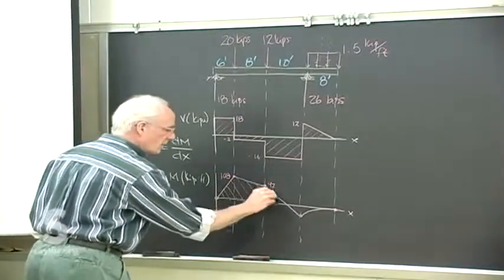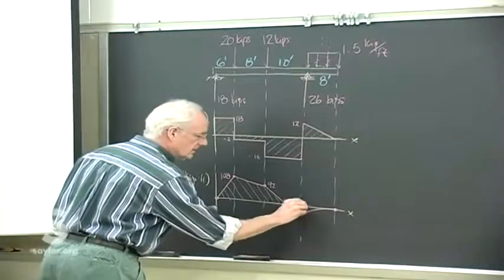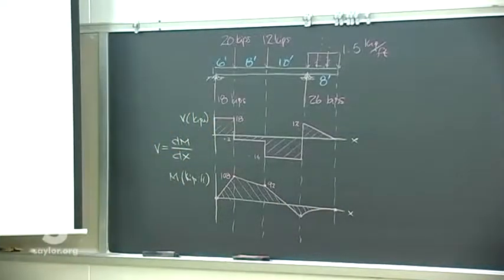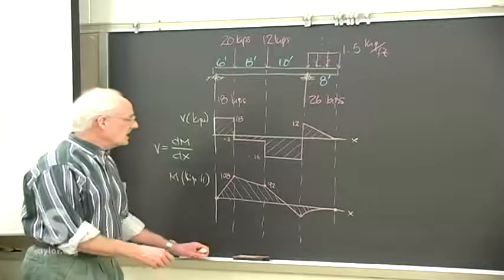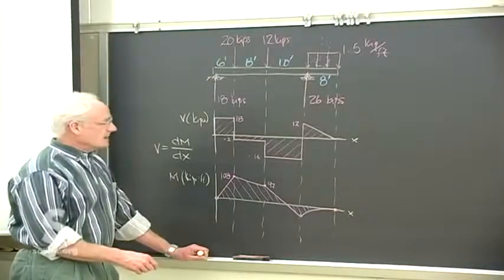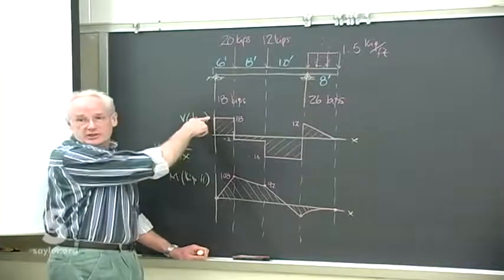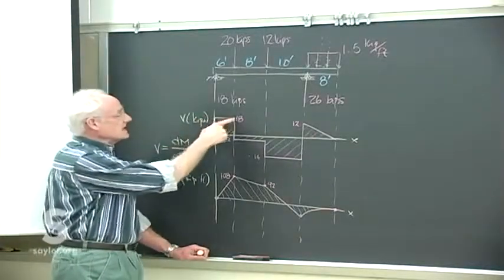Again, remember what we're paying attention to now, starting today really, is what's the maximum shear and the maximum moment, and in a little bit we'll look at where those are as well, because what we need to do is protect the beam from failure from the maximum shear, which in this case is the 18.